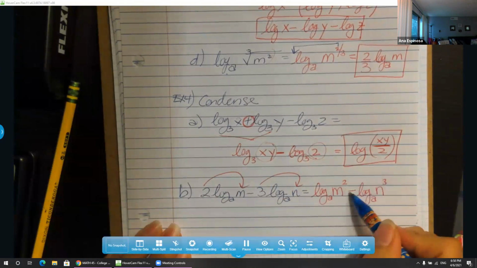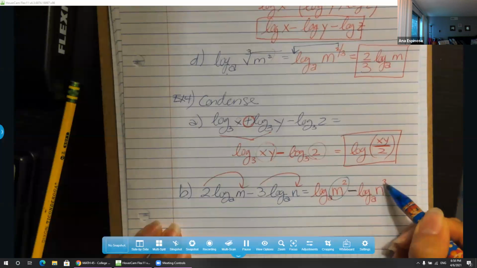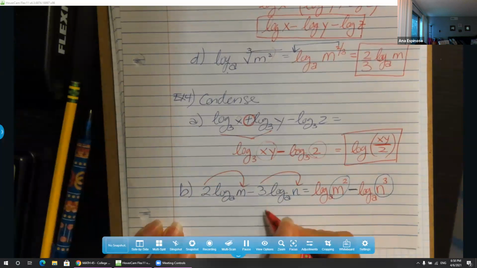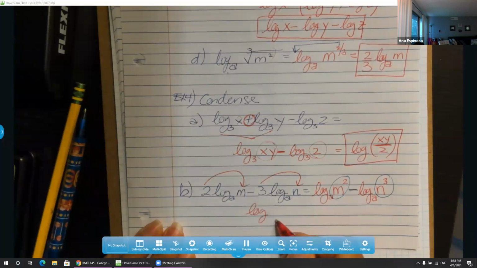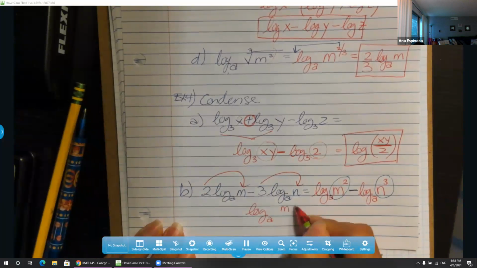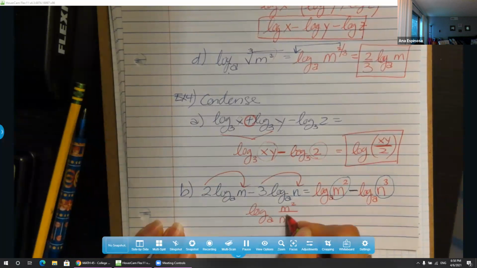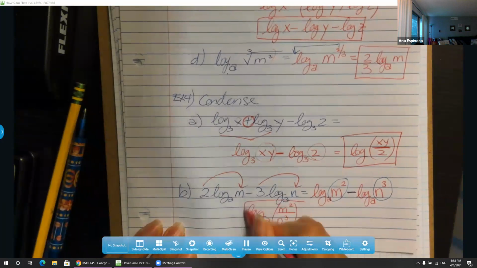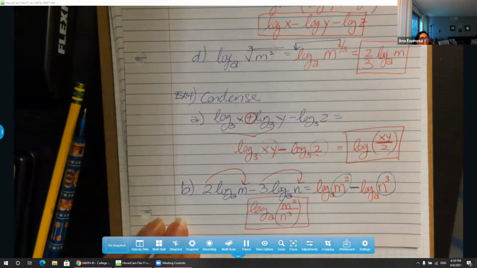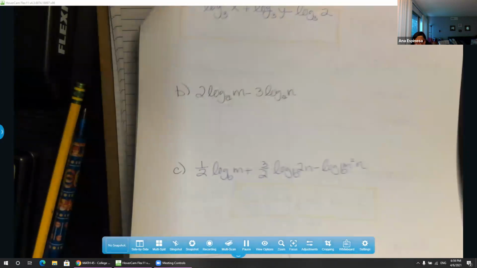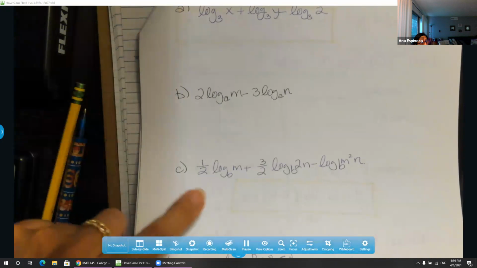Now you have a minus. It's going to divide this into that. So log base a of m squared over n cubed. Done. Okay. There are 3. I've done 2. Try the last one.